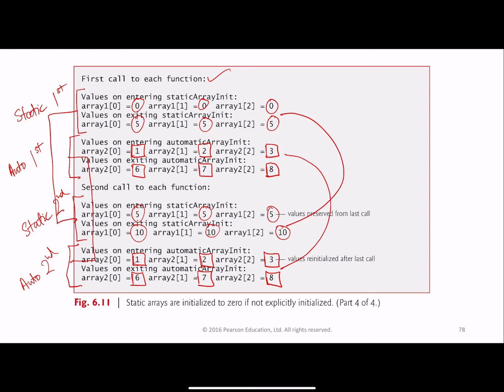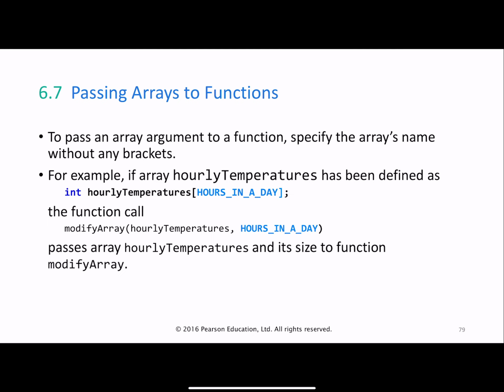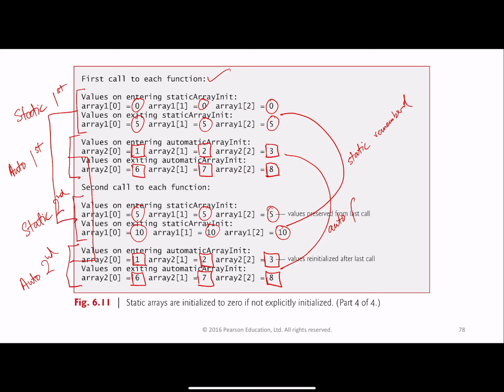So the values of a static data structure are remembered. The values of automatic variables, data structures, are forgotten.